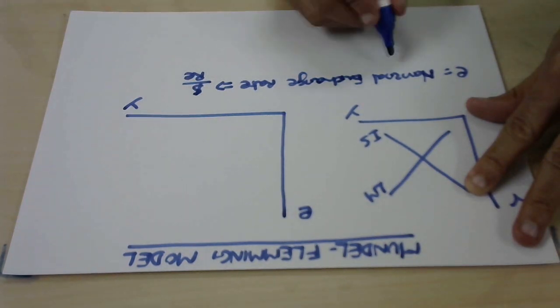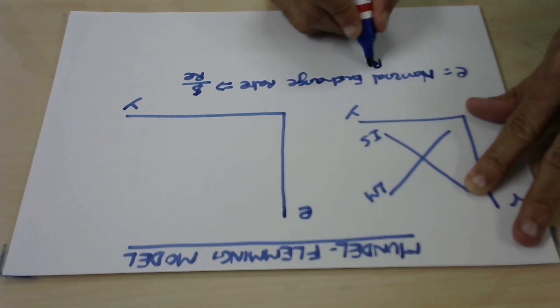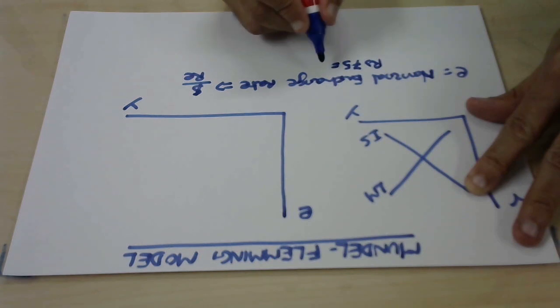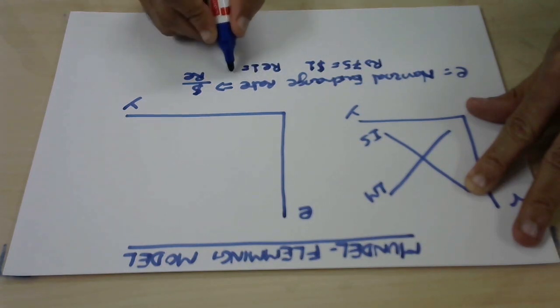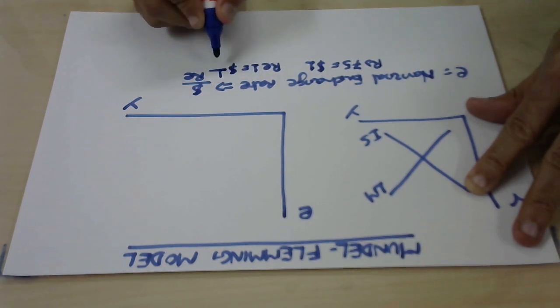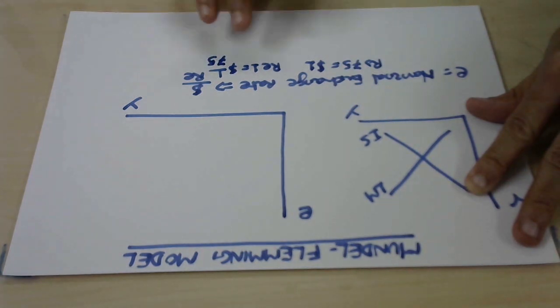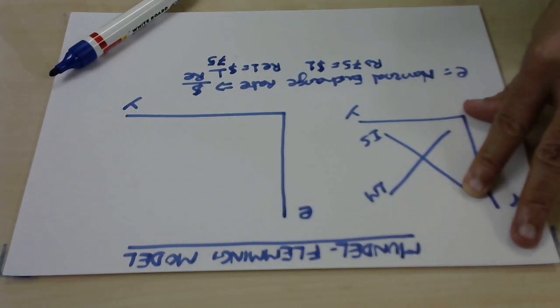Though we generally express the exchange rate as rupees 75 equal to $1, we will here express the exchange rate as rupee 1 is equal to dollar 1 by 75. That means how many units of foreign currency I can get per unit of rupee.